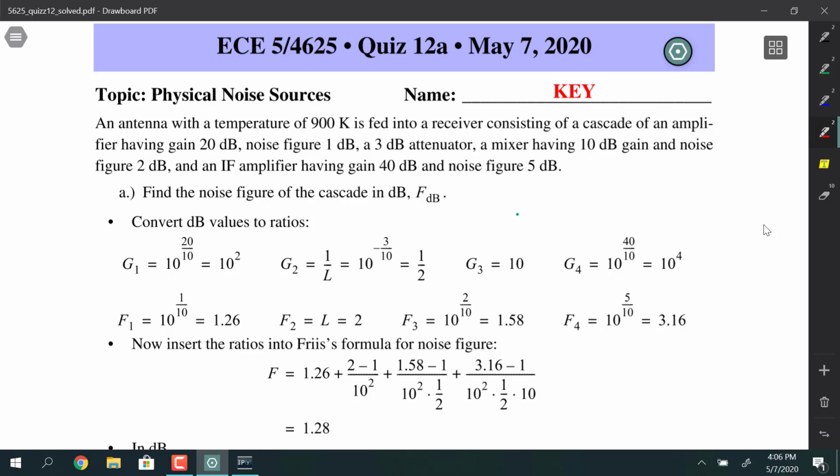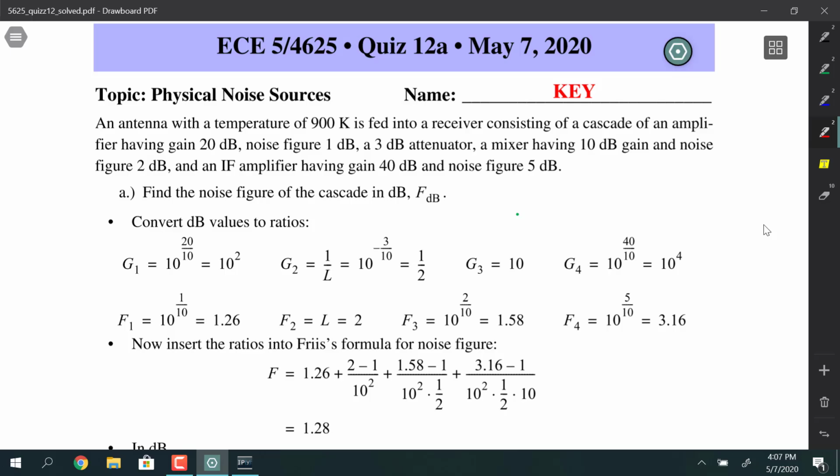You're feeding a cascade that has an amplifier and a noise figure, an attenuator which has a noise figure equal to the attenuation, a mixer which has a noise figure, and an IF amplifier which has a noise figure. So that means we can use Friis's formula to get the noise figure of the cascade and get the effective noise temperature of the cascade.